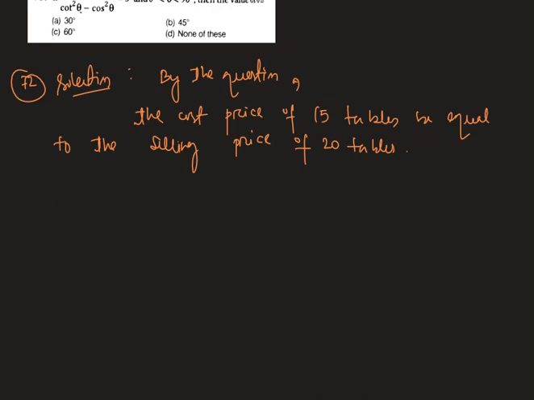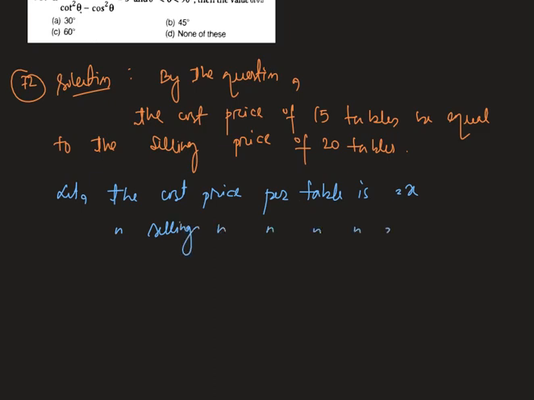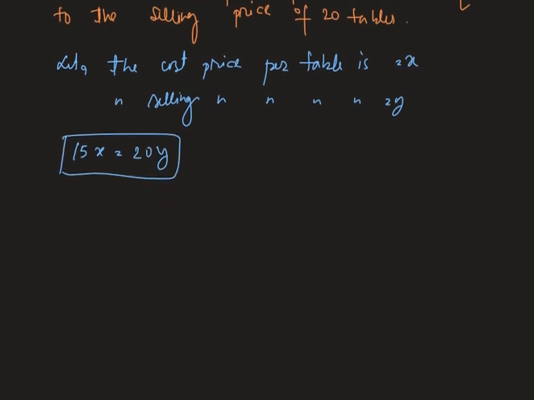Now assume that the cost price per table is X rupees and the selling price per table is Y rupees. Therefore, we can say that 15x is equal to 20y by the question. Hence, the value of x is 20y divided by 15, that is 4y by 3.